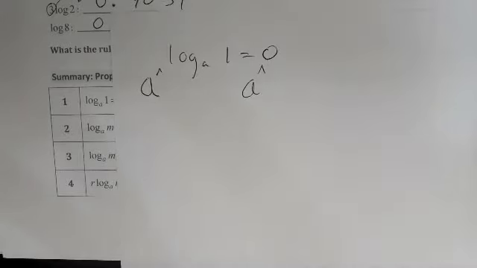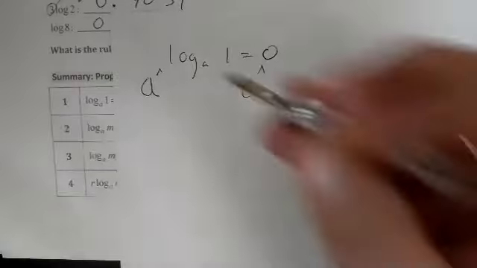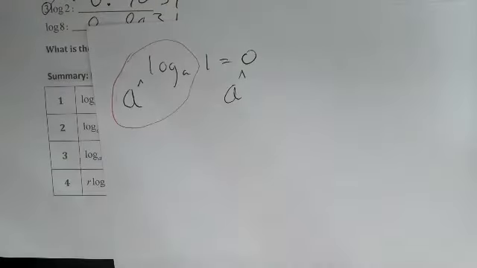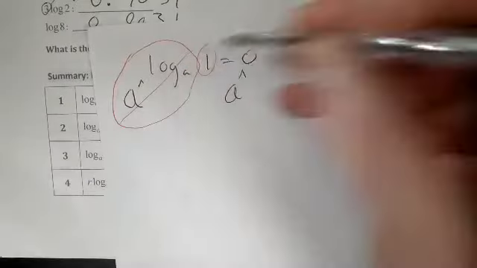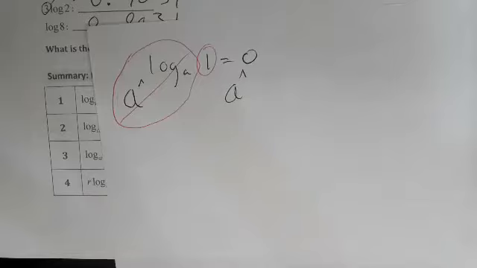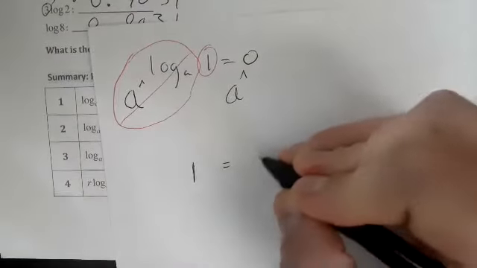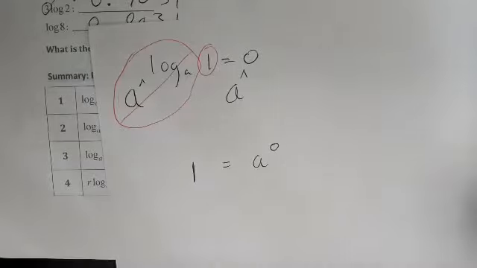And if I do that, what you might notice is I have a to the log base a. That is an inverse, so this is not doing anything. What I'm really interested in is what I plugged into that log to begin with. So where I end up on this side is something like 1, and this is a to the 0.